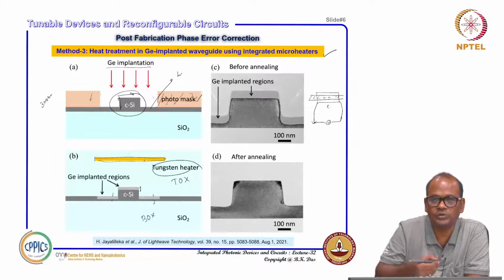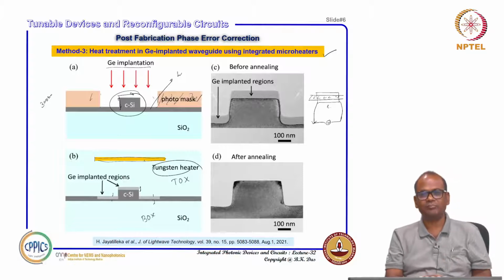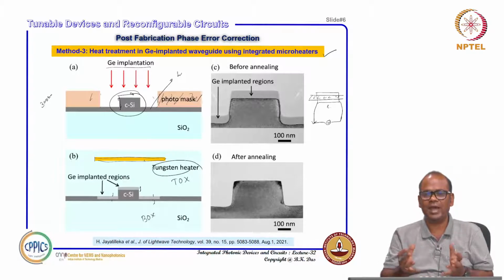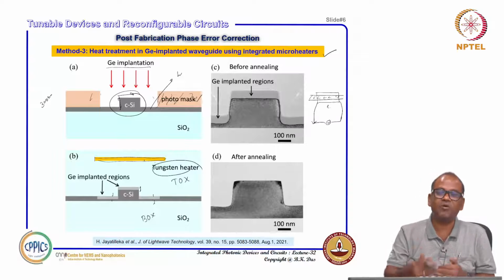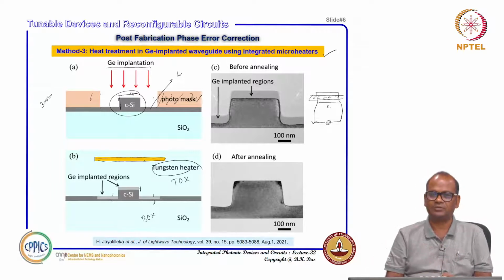When the temperature goes up, this implanted region will start a little bit of annealing. Annealing means it will try to restore its crystalline structure. As it comes back to the crystalline structure step by step, depending on your heat power, it will keep on changing its refractive index.